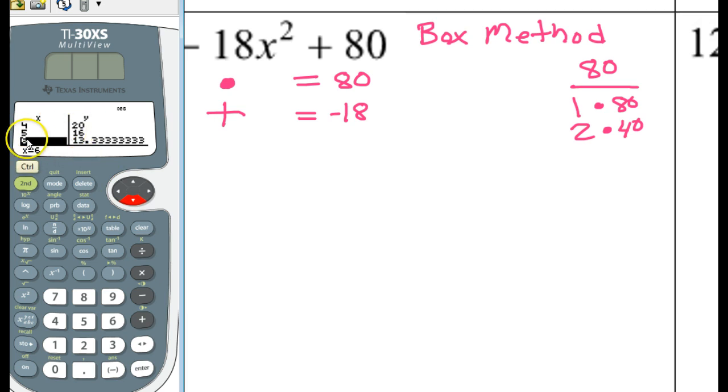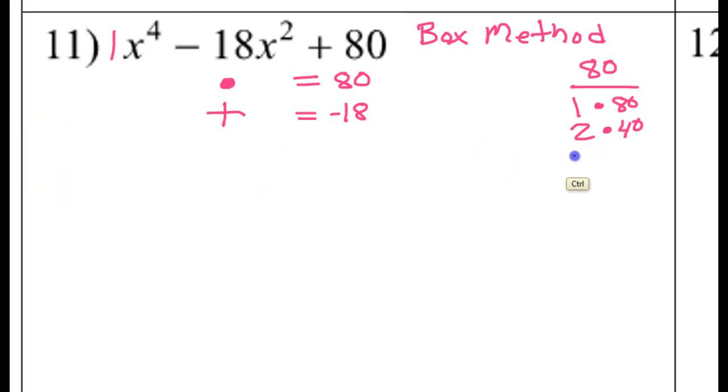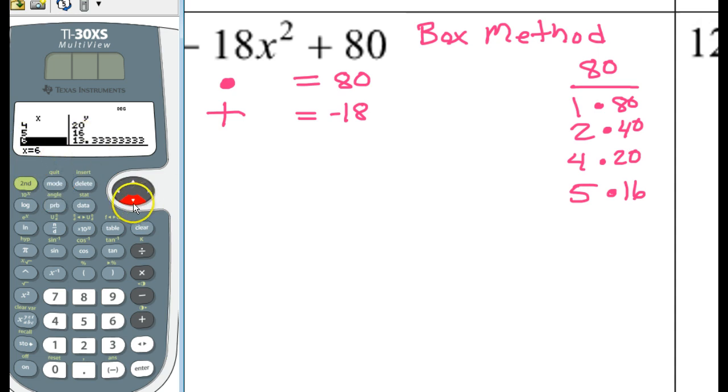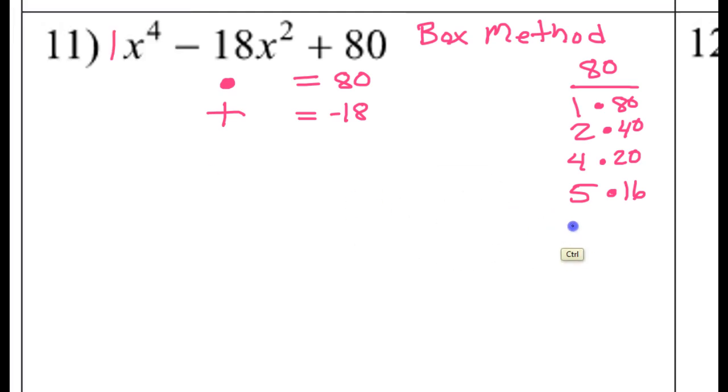And then I've got 4 times 20, 5 times 16. Six is a decimal. 7's a decimal. I've got 8 times 10. And 9 was a decimal. So this is the complete list.